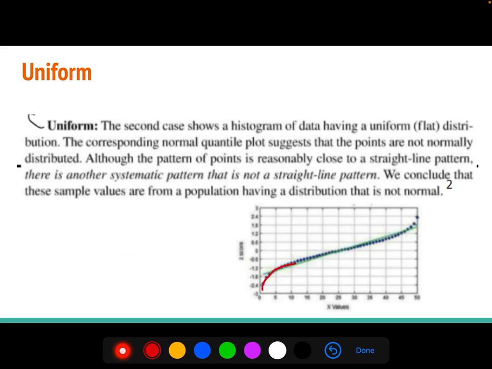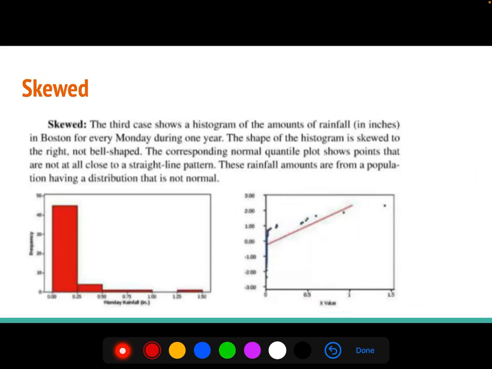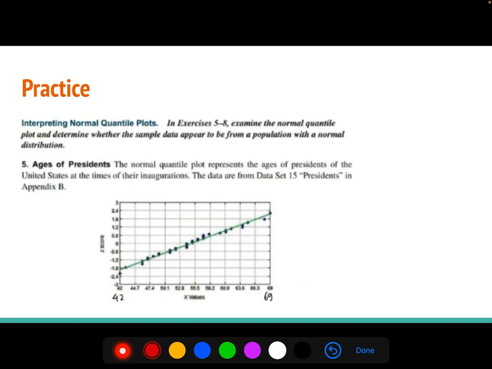Okay, now this one here, when we look at him, he has this little pattern going on that's kind of curvy. So he is not a normal distribution. All right, this shows a skew. So this one is not normal. And then look at his little pattern. He's kind of logarithmic if you ask me. So not normal.